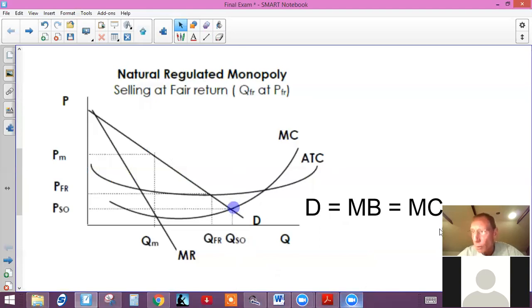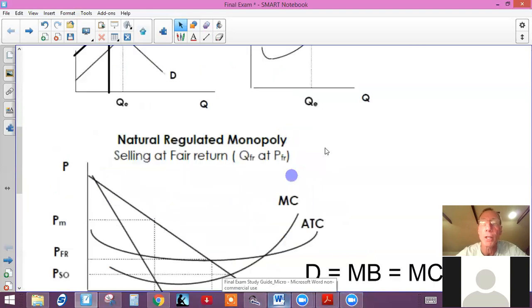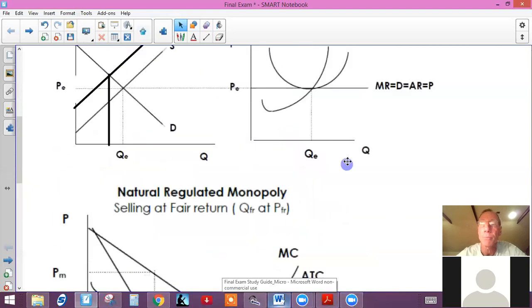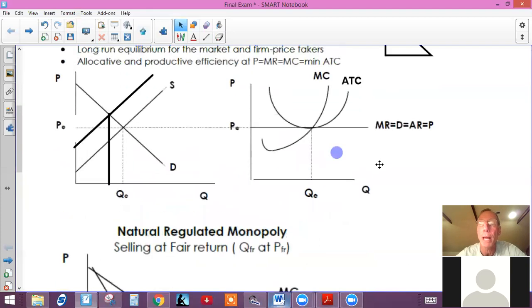So the terms socially optimum and allocatively efficient are the same thing, where marginal benefit equals marginal cost. And in this perfectly competitive firm, it would be right there, right? Where marginal cost equals demand equals price, okay?